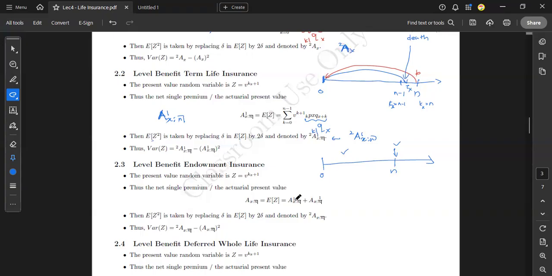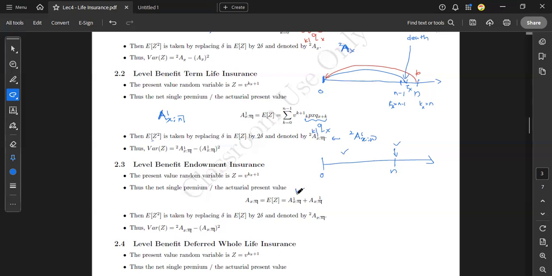For the term insurance, we use 1 above x. For the pure endowment, we use 1 above n. So these are two different insurance types. With the summation, you get the actuarial present value for the net single premium for this level benefit endowment insurance.